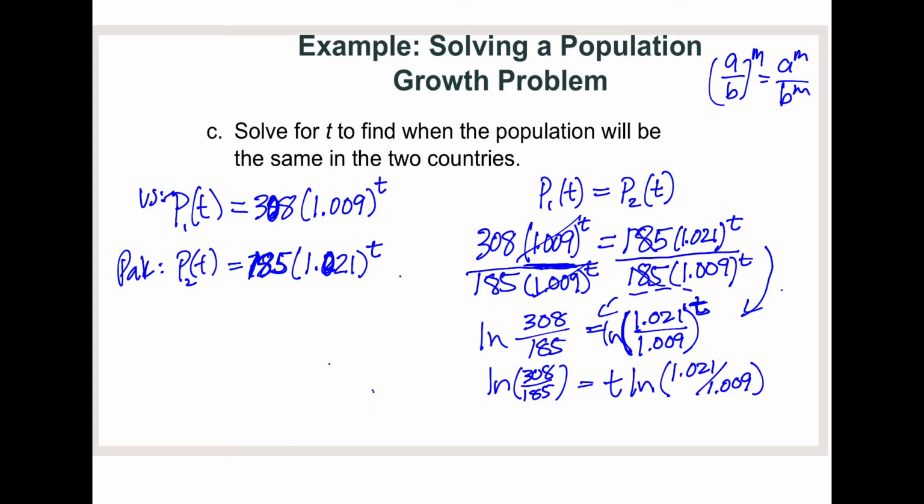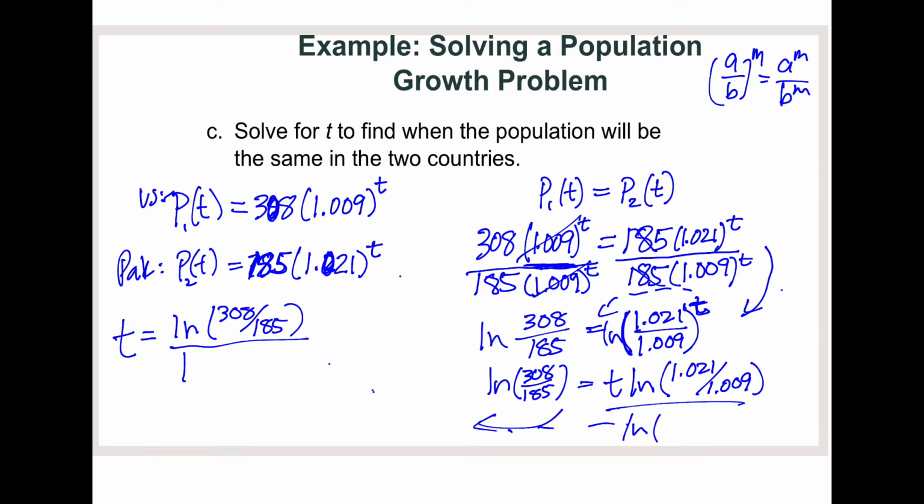So t is going to be equal, if I want to get rid of it, I have to divide both sides by this, the ln of, you can see what I'm going to do here. And this is going to give me my final answer. t is going to equal the ln of 308 over 185 divided by the ln of 1.021 over 1.009. And then we can find what the approximate t is.